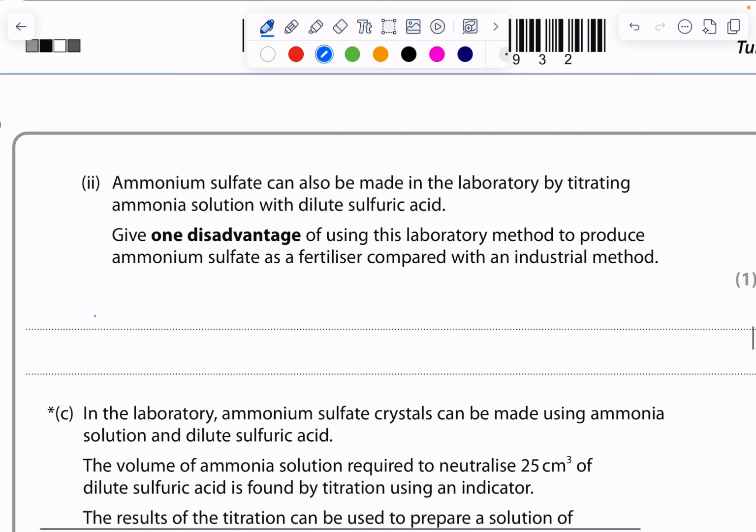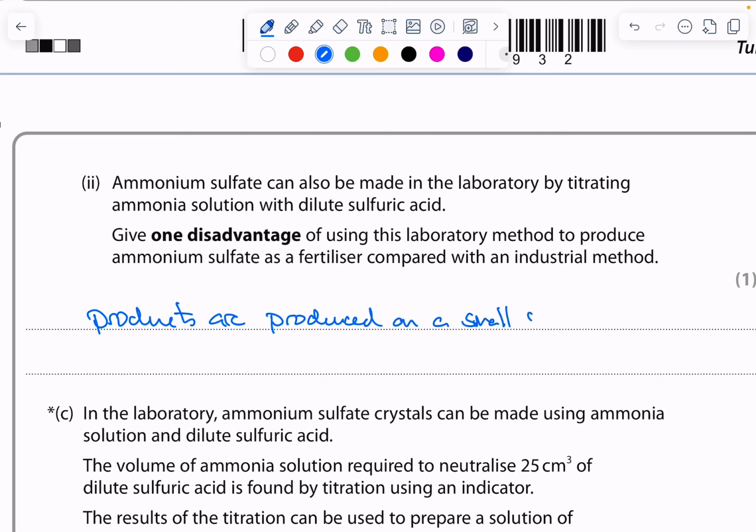So I think that's what I would say, is that the products are produced on a small scale in the labs, in laboratories.